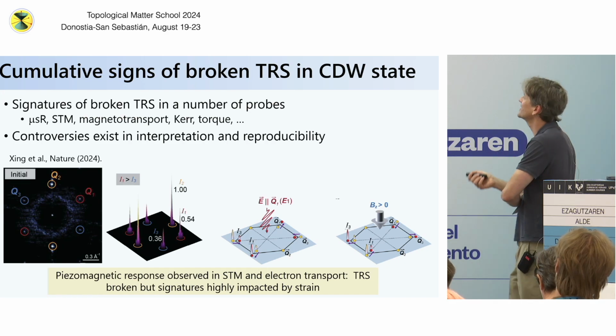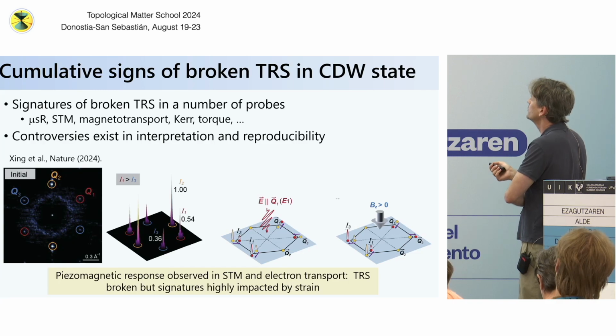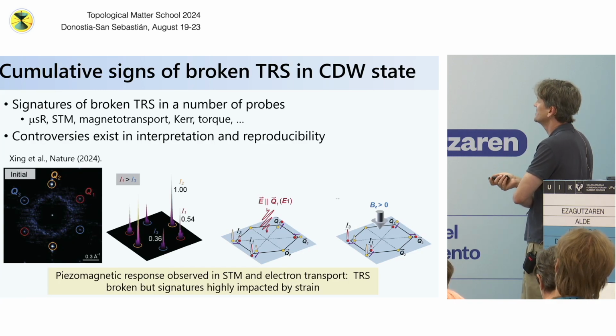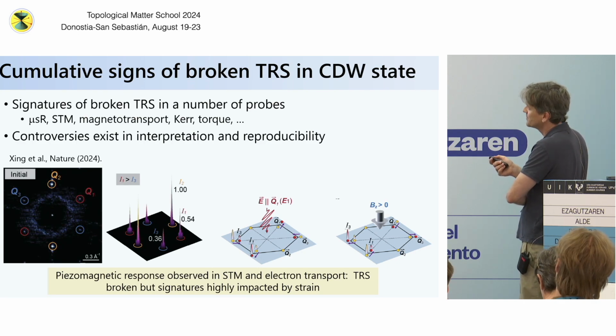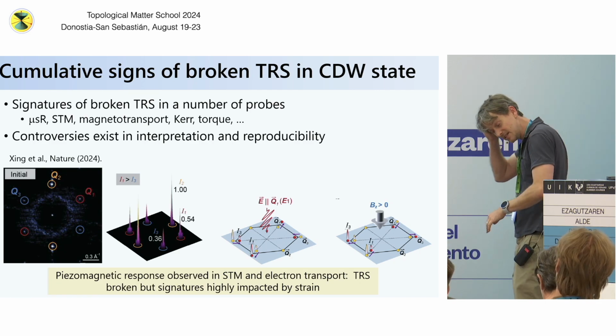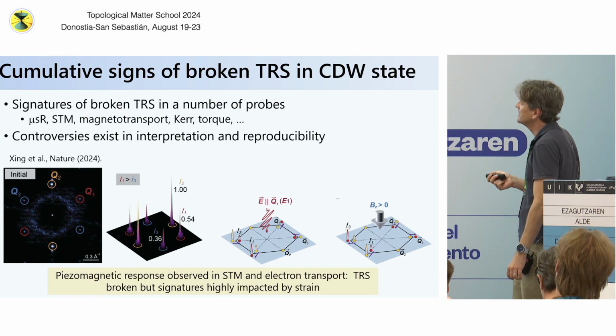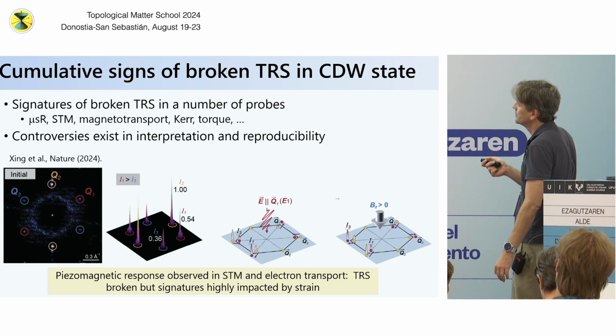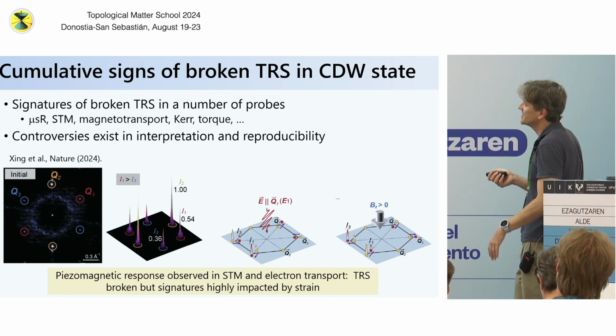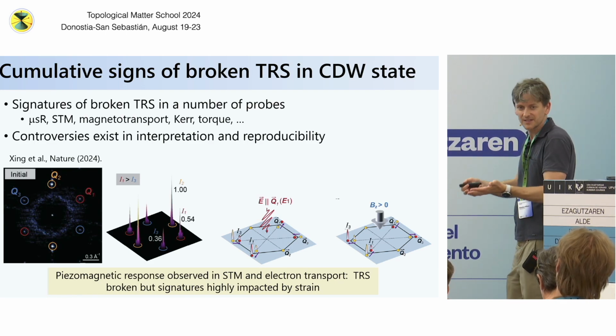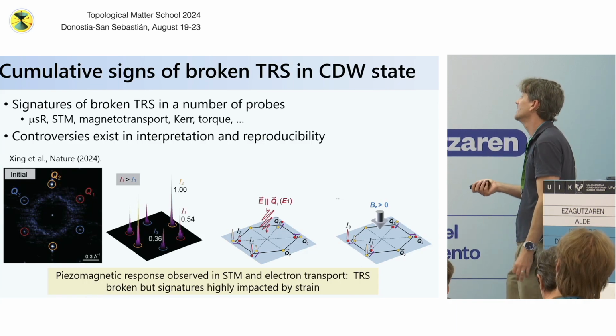People are still studying this actively, but I'll highlight one thing, and I think Vidya is going to talk about this later during her talk. A recent result on one of the signatures of time reversal symmetry being broken in the charge density wave phase was originally reported by STM results from Zahid Hasan's group. You look at the surface of your crystal, and when it enters the charge density wave phase, you see some superlattice in the local density of states, okay?